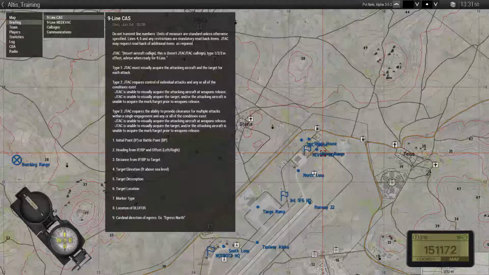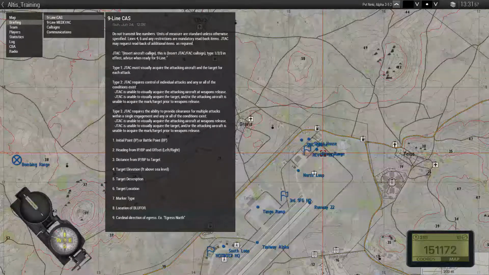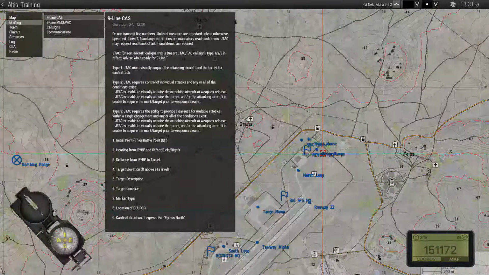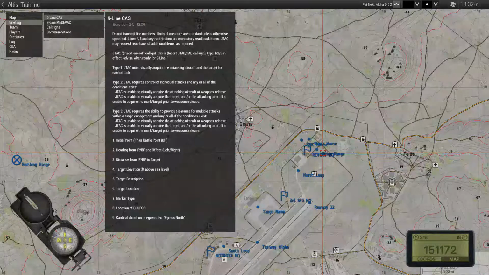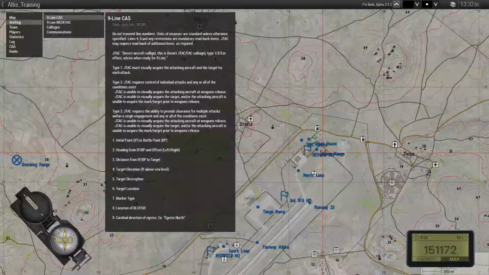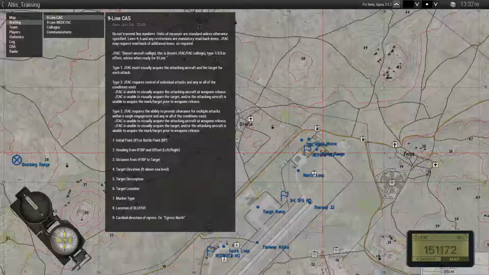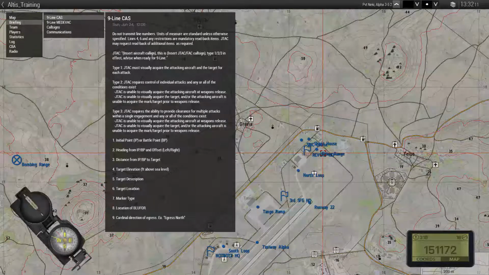Type 3, same deal. So type 2 is for a single attack, and type 3 is the same thing but for multiple attacks, is what I think. Copy that. Writing it down.